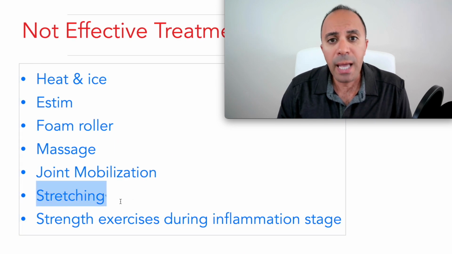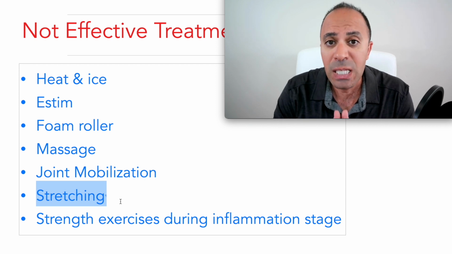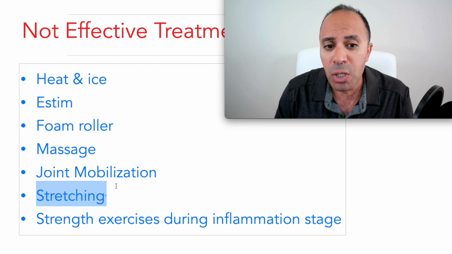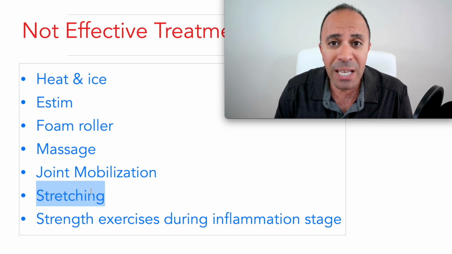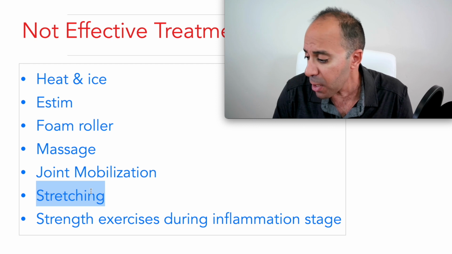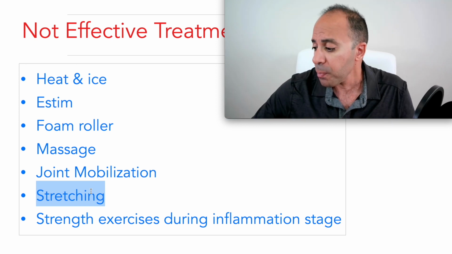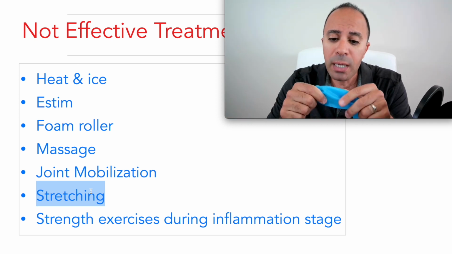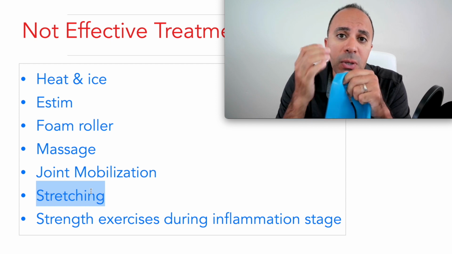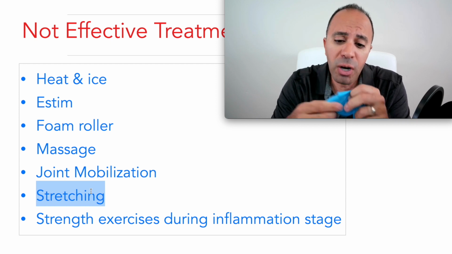The other thing that a lot of people do is stretching, and I personally do not recommend stretching to my patients because there are other safe alternatives. Think about it this way: you have inflammation, or a micro tear in the rotator cuff, and that's what causes the inflammation in the bursa and the tissue around it.